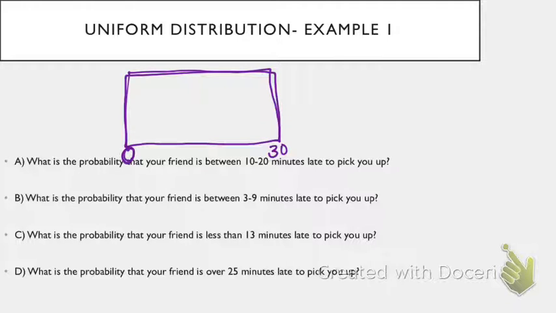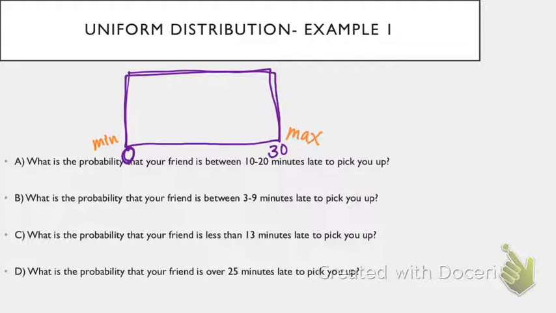The bottom of your uniform distribution will be your minimum, and the point on the right will be your maximum. If it ever asks you, and I don't think it does in this problem, would you consider a uniform distribution to be symmetrical? Yes, it's symmetrical.